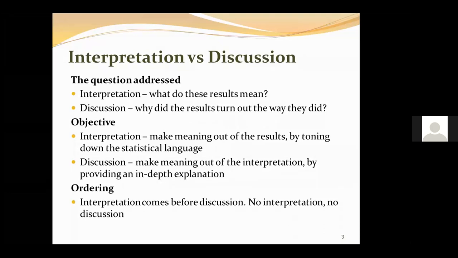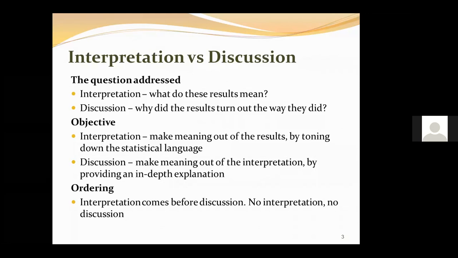While interpretation addresses what the results mean, discussion addresses why the results turned out the way they did. In terms of objective, for interpretation, it's about making meaning out of the results, toning down the statistical language. Then for discussion, it's about making meaning out of the interpretation by providing an in-depth explanation.